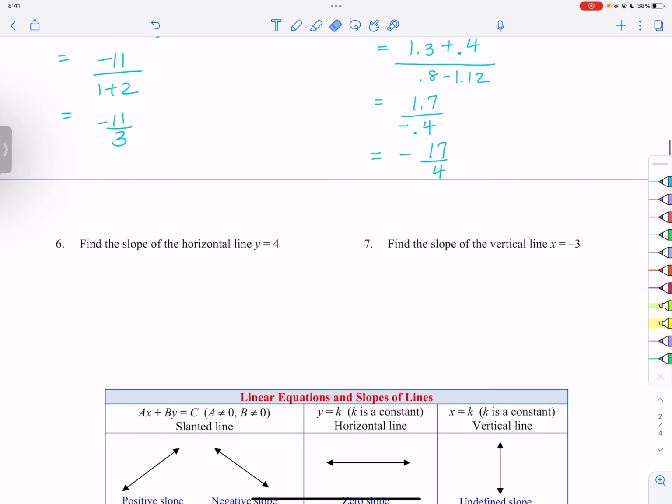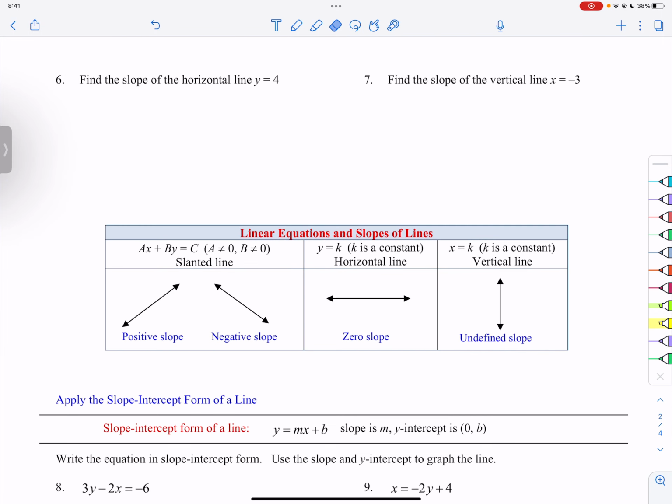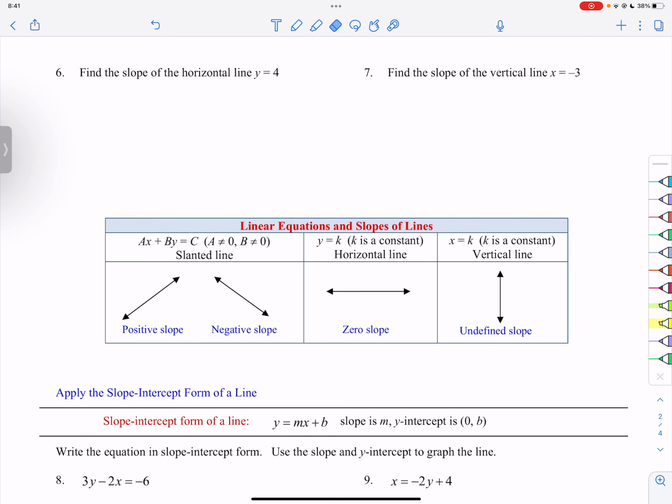And now we're asked to find the slope of the horizontal line, y is equal to 4. So if you think about this and you have a horizontal line, slope is change in y over change in x, and if y is always 4, then we would have 0 in the numerator if we subtracted the y values.